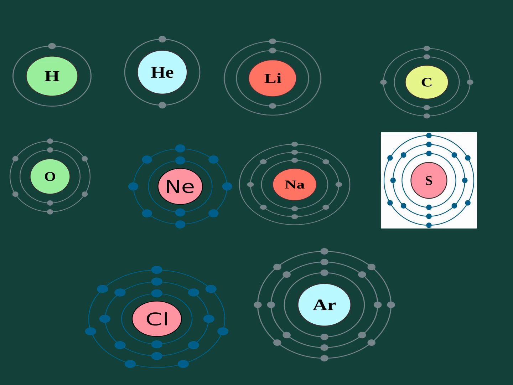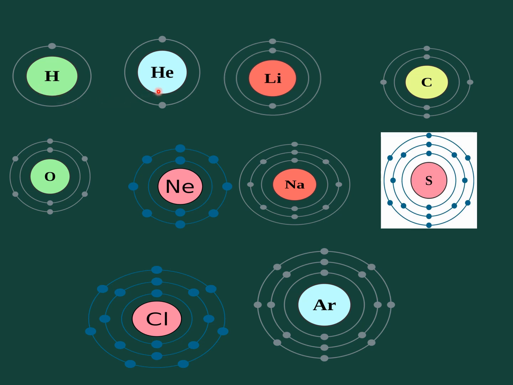Now let's see the electronic configuration of a few atoms. First is the hydrogen atom. Hydrogen is the first element of the periodic table, so it has one electron in the first orbit.